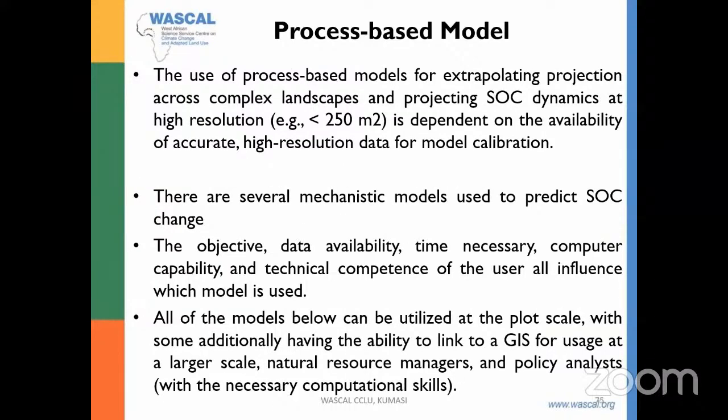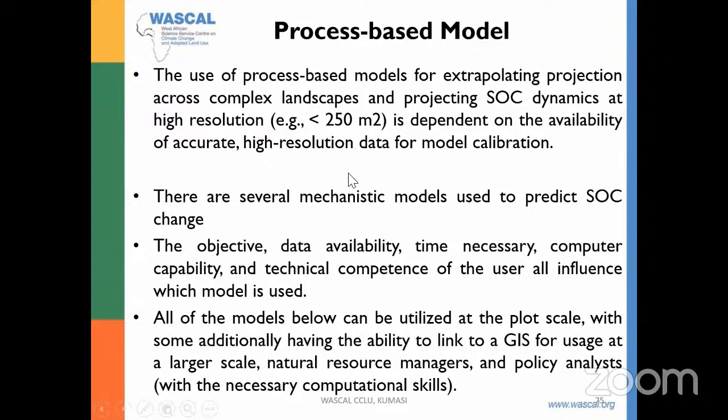With process-based models, we can mostly extrapolate or project across complex landscapes, and they mostly require medium to high resolution, less than 250 meters. This is mostly dependent on data availability and the spatial resolution of the data for our calibration.